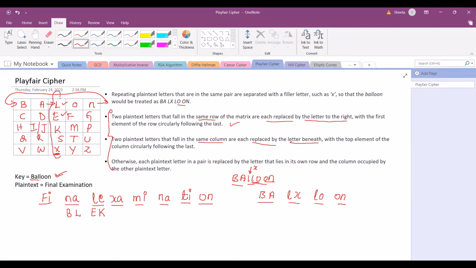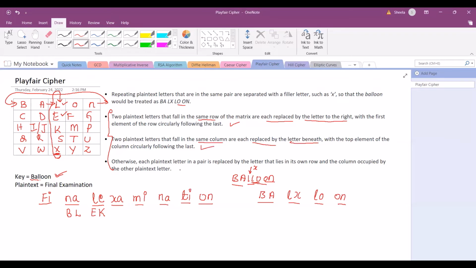So the letter below X will be treated as the topmost letter, L. Whenever the last element is there, the top letter of the column circularly follows the last. Here the last is X, and after this we get the letter L. So we have to consider it in a circular fashion. This is how we consider the third rule.